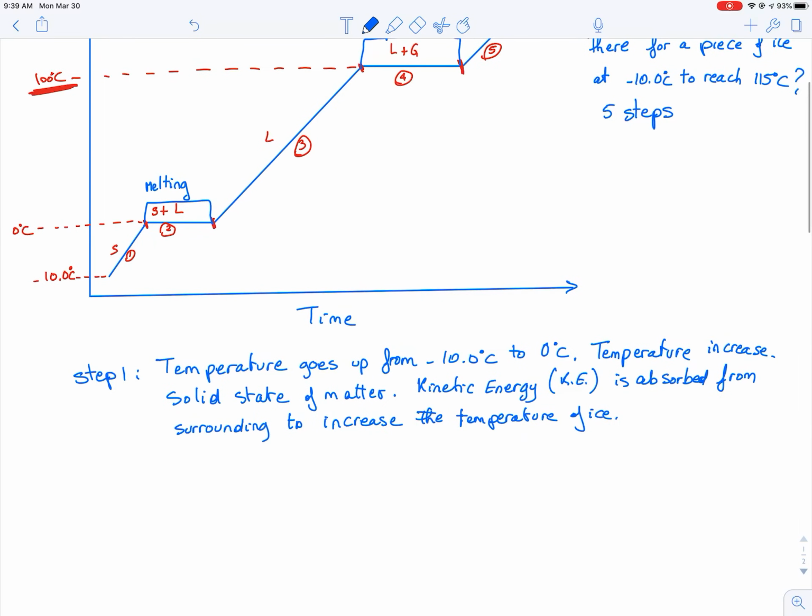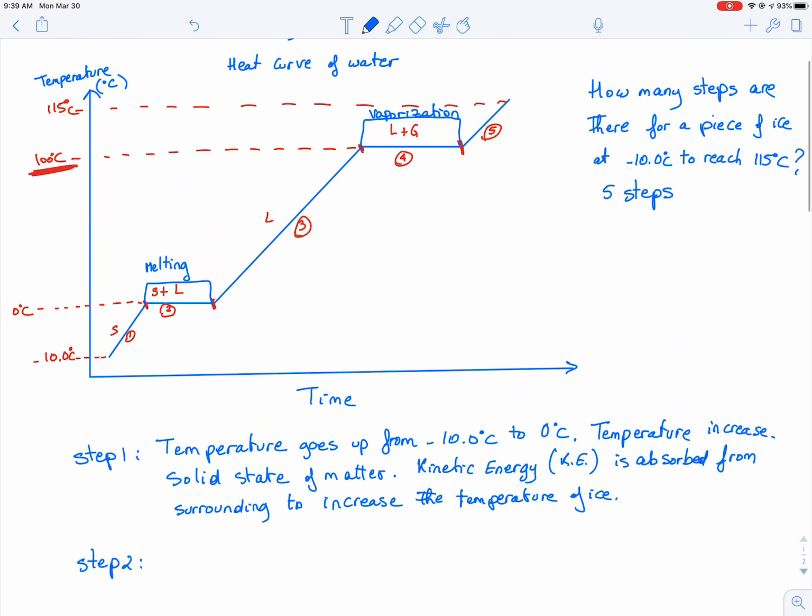Now, what's going on in step number 2? Well, in step number 2, you have something different. You have a plateau. So the temperature remains constant. So basically what happens is that the energy is absorbed from the surrounding to do something else other than increase the temperature.